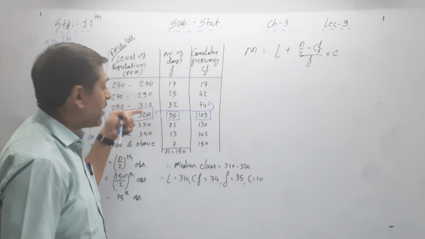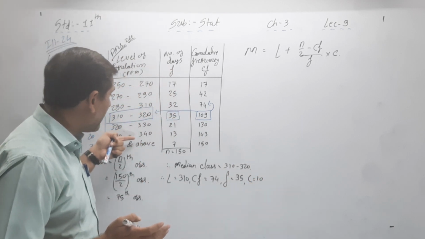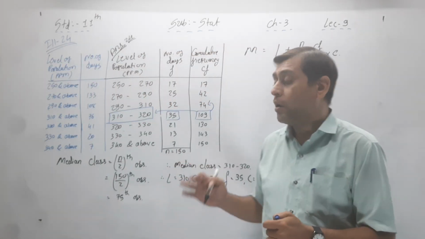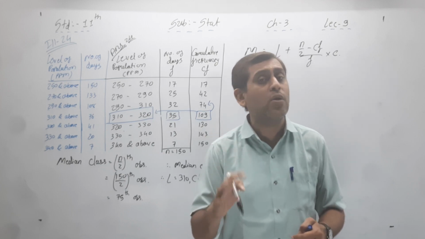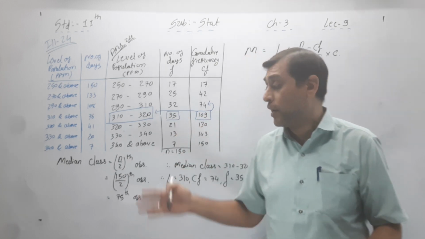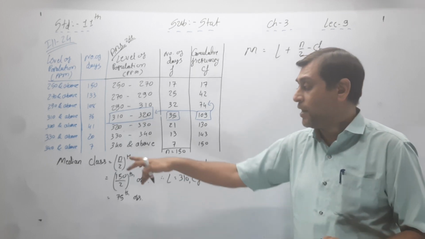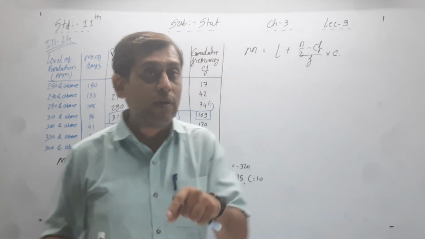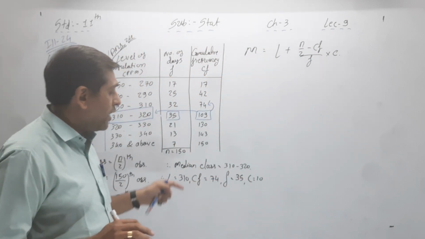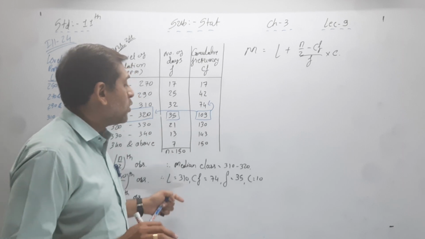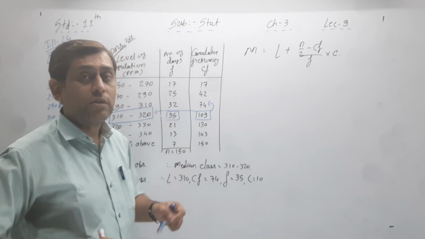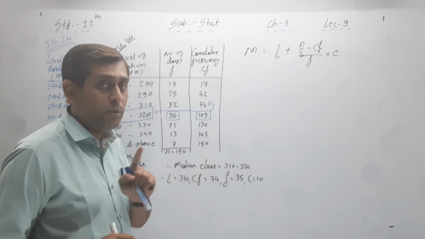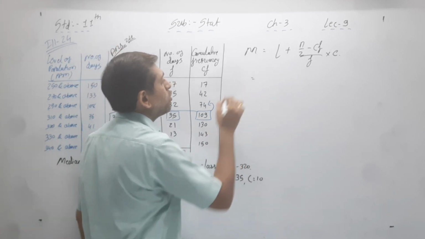Here 20, 20, 20 doesn't matter, in the rest 10, 10, 10 doesn't matter, and in the last class there is no class length at all. And above can mean up to 400, up to 500, up to 1000, whatever. And above means there is no class limit in the last class, so it doesn't matter. Whenever you have to find the median, you have to concentrate on the median class length and write down that only.